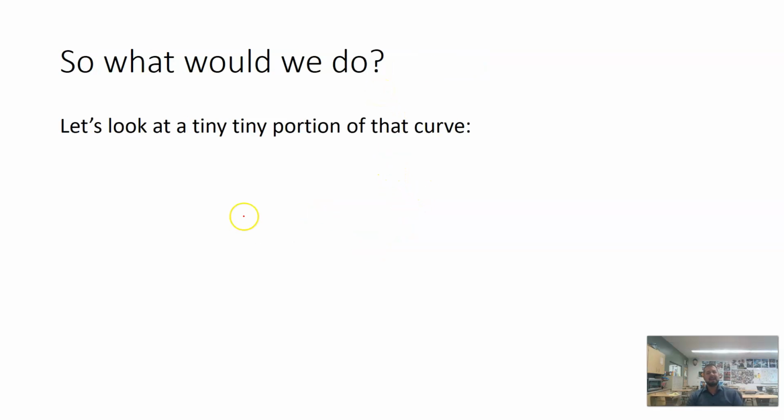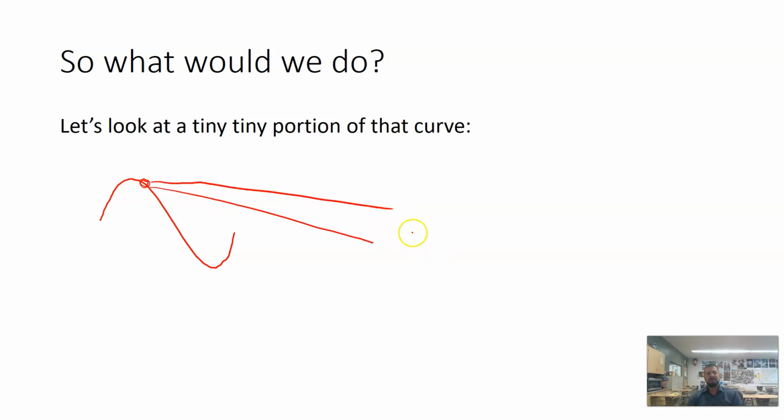But let's say, again, I've got my curve and it looks like this. Let's say I were to zoom in on a teeny tiny portion of that graph. I'm just choosing this at random. Let's say I was to zoom way in on that portion of the graph. If I zoomed in enough, regardless of how curvy the graph is as I look at it from way far away, it would turn into a little teeny tiny line if I were up close.